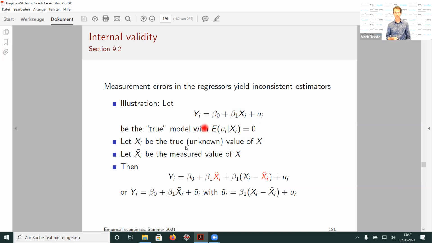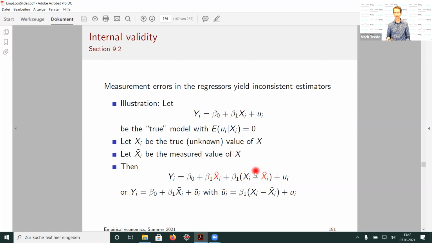So x is the true value, but it's measured with an error. So we do not actually know the true value. What we measure is x tilde. That's the measured value of x. Then we can rewrite this equation in this way. We add beta 1 times the measured value, and we subtract beta 1 times the measured value.